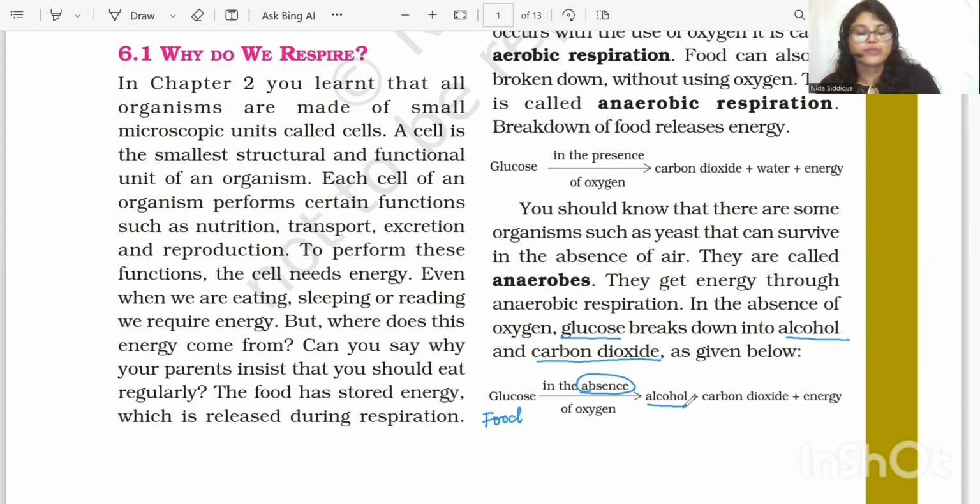There is a formation of alcohol and there is a formation of carbon dioxide. Remember, in aerobic respiration, there was formation of carbon dioxide and water. Okay, so this is the basic difference between aerobic respiration and anaerobic respiration. Anaerobic respiration में there is formation of alcohol and carbon dioxide. Aerobic respiration में there is a formation of carbon dioxide and water.